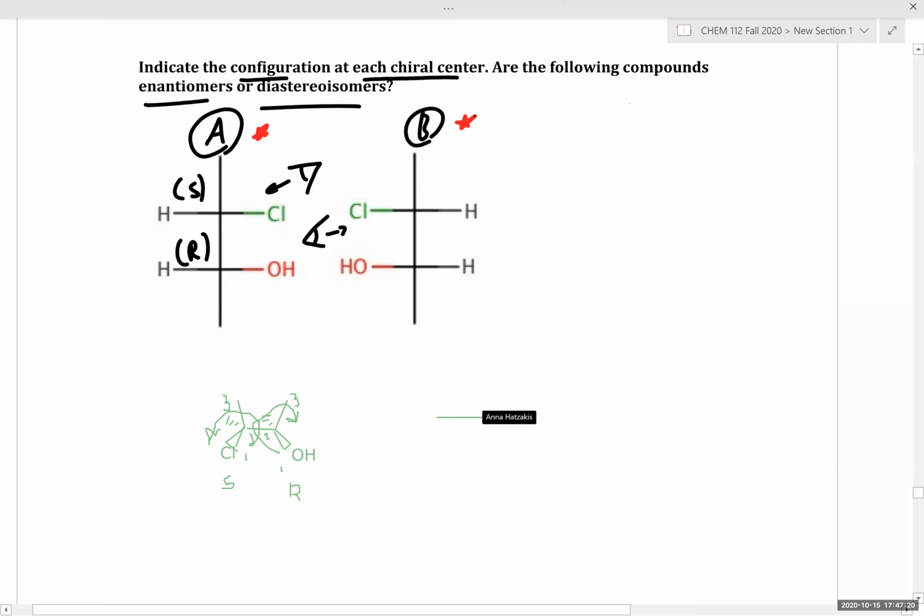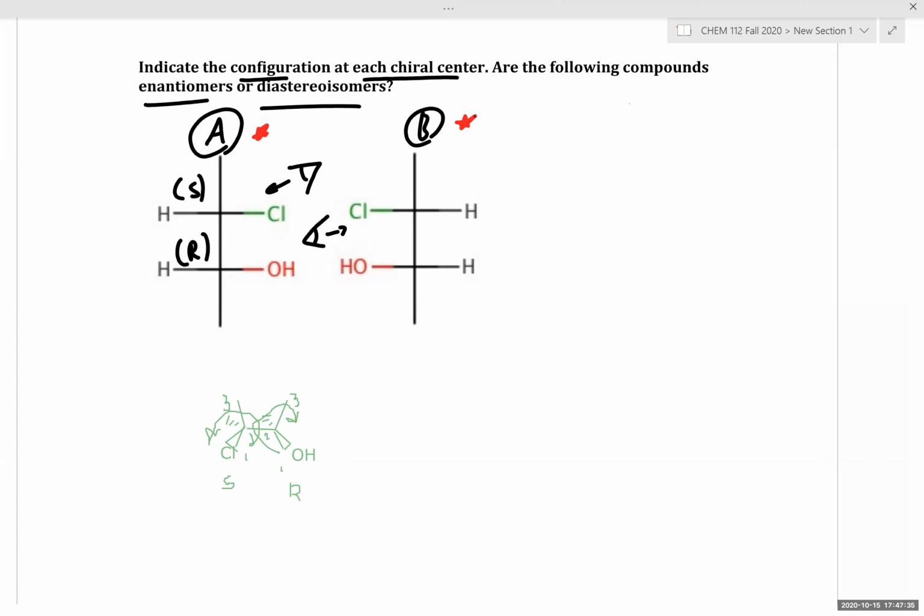So can I get some responses in the chat for structure B? We don't necessarily have to draw the 3D drawing for structure B. It's great though that a student is contributing it, and it would be good to see that as well to help make this point clear.